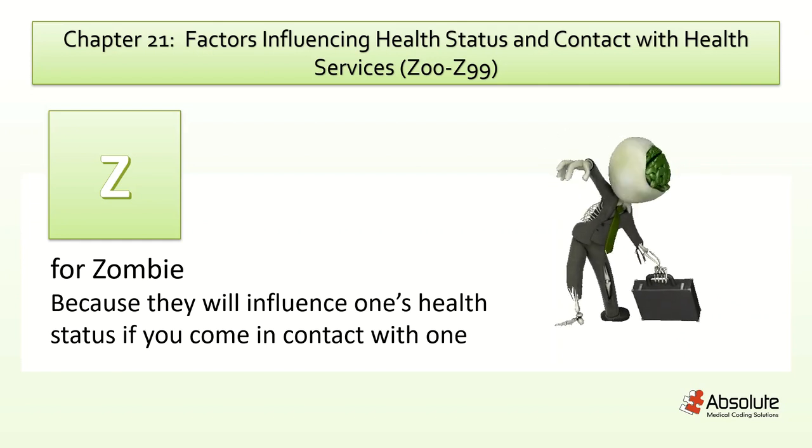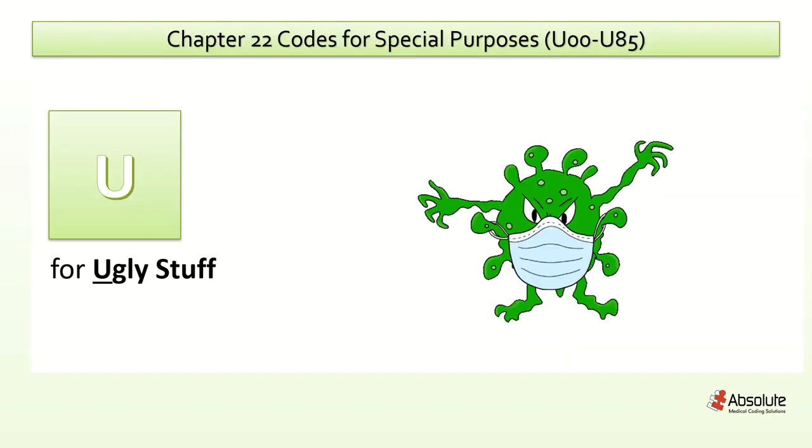All right, we've got one more chapter. Coders, we made it. We made it to Chapter 22, and the conditions in Chapter 22 begin with the letter U. Okay, Mrs. J is a little giddy.